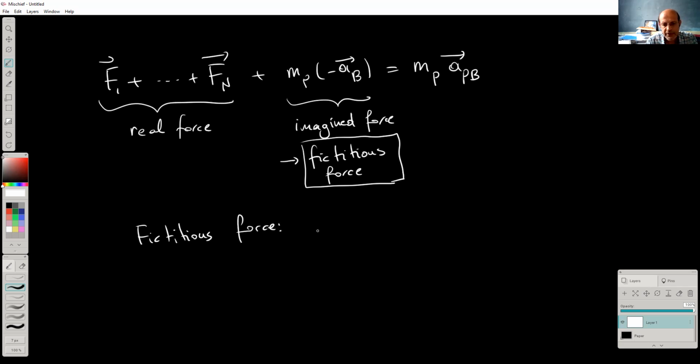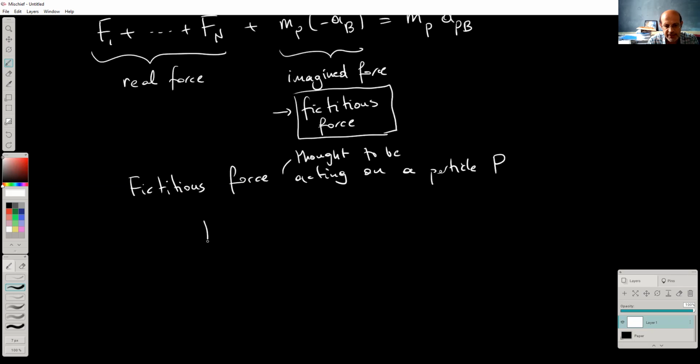Let's say it is acting on a particle. Let me say thought to be acting on a particle. The definition is that this fictitious force is equal to the mass of the particle multiplied with the negative of the acceleration of the reference frame.